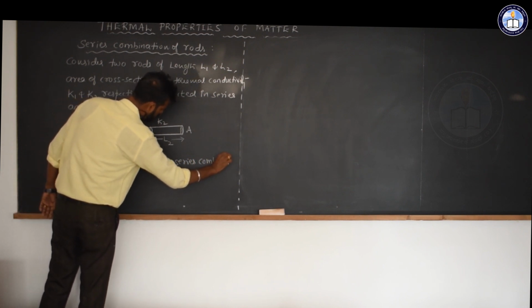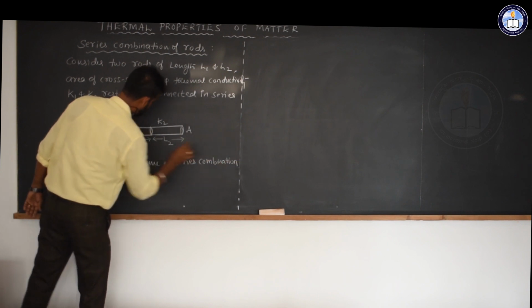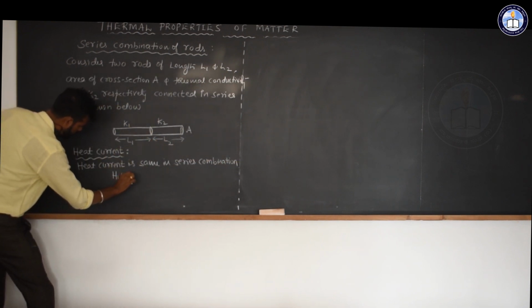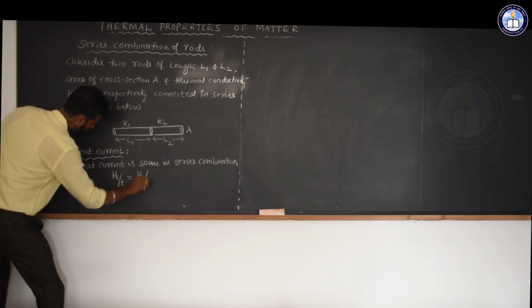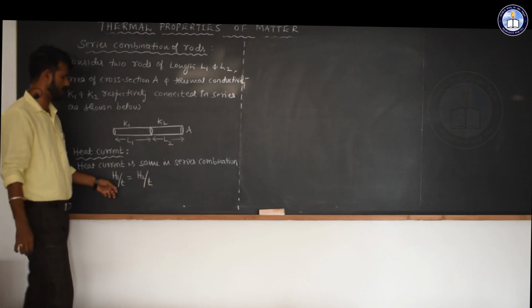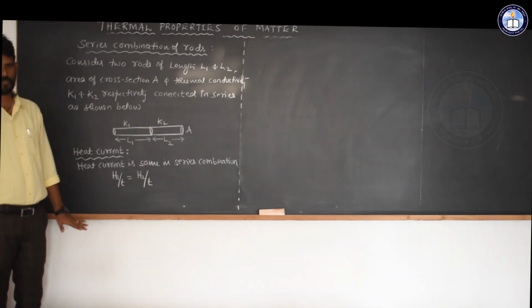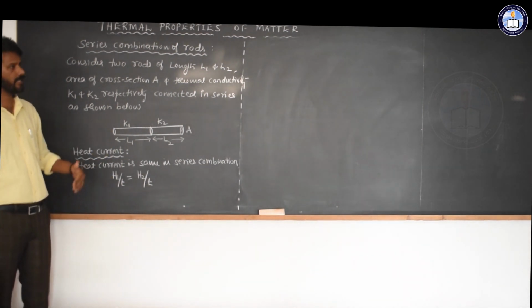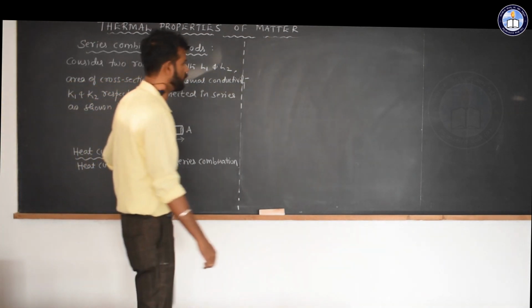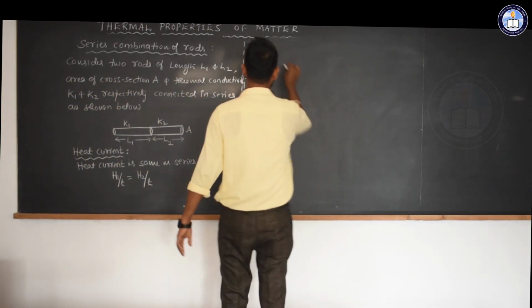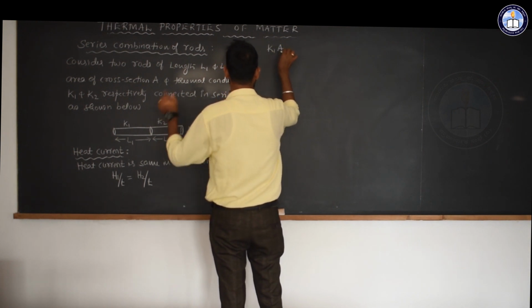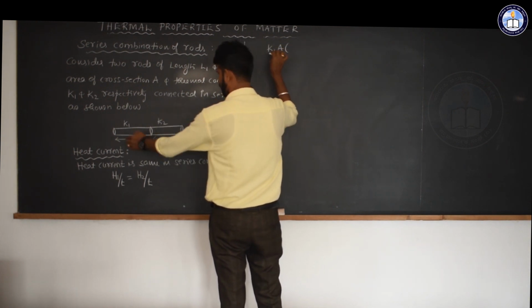That means you can write H1 by T is equal to H2 by T. Now we know that H is the heat flow, and H is equal to KA times the temperature difference divided by length.